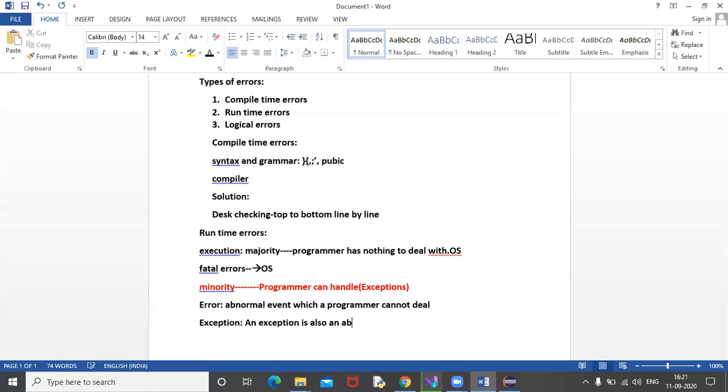You can write: it is also an abnormal event, but it can be handled by a programmer by using exception handlers, by using some handling mechanism. What these handlers are is going to be the next topic.